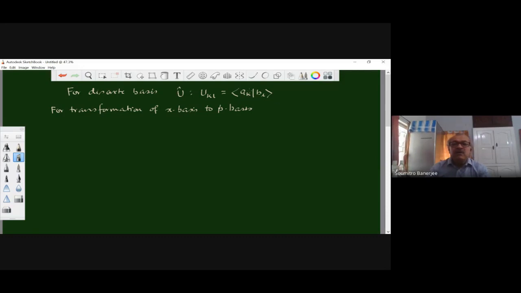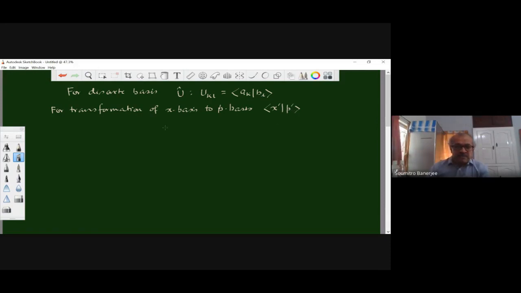Here it was the old and here it is the new, and so we are converting from the X to the P. So this is what should perform the job. We are doing exactly the same thing that we did for the discrete basis, but now we are considering a continuous basis, X and P. And we are going from X basis to P basis. So we'll need to calculate this.